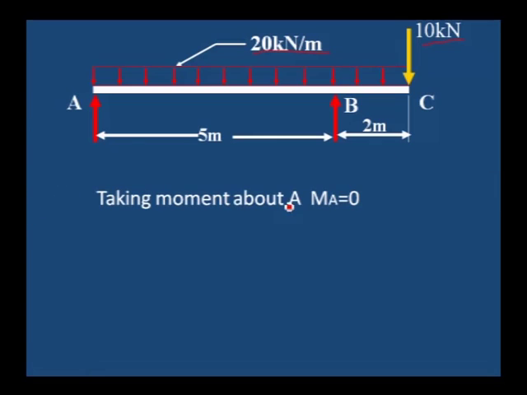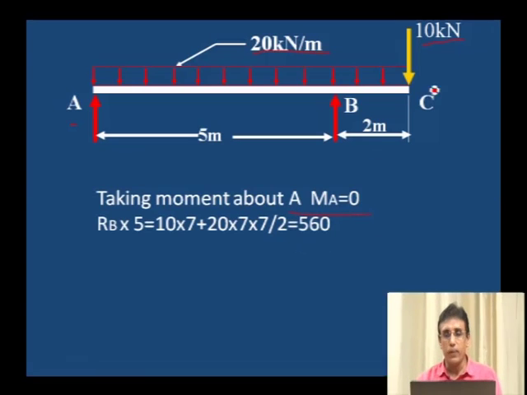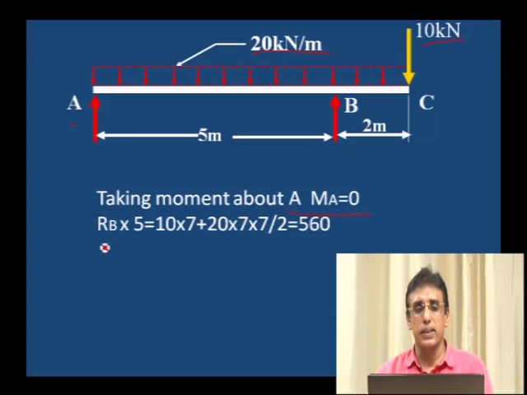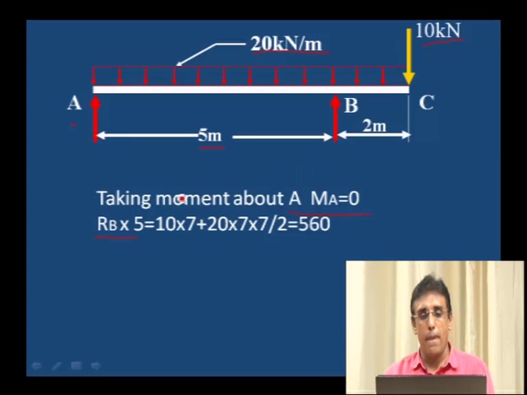Taking moment about A, as usual, sum of MA is equal to 0. RB into 5 meter, anticlockwise moment, is equal to the clockwise moment.